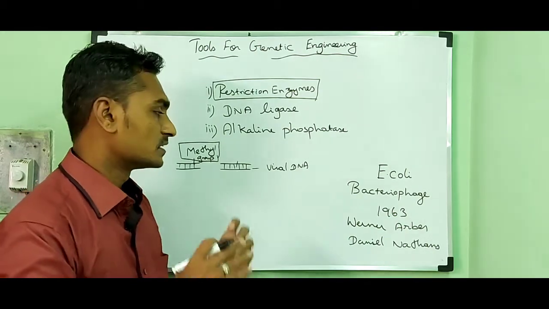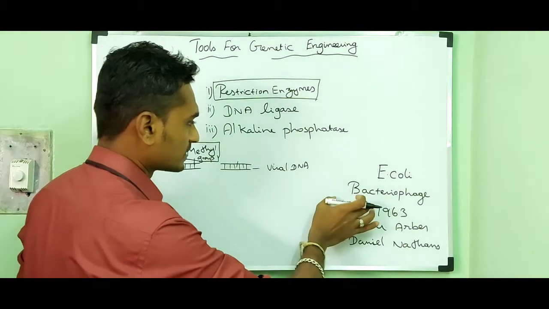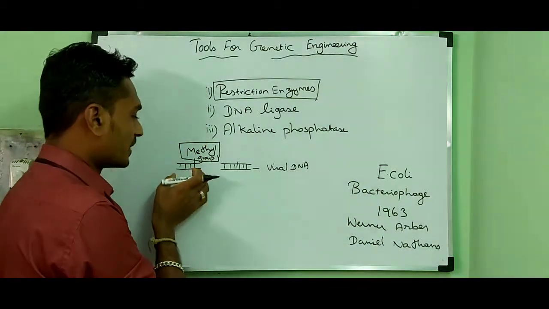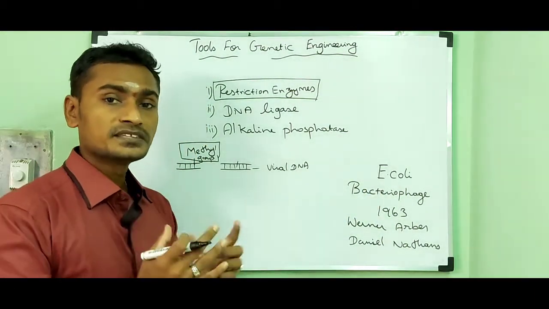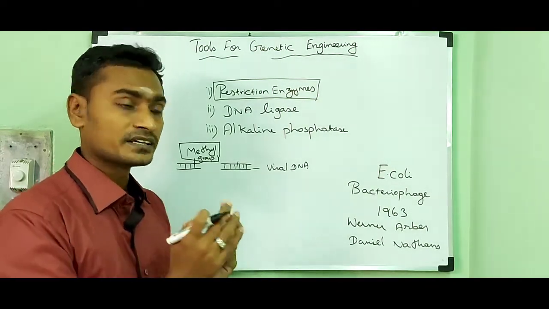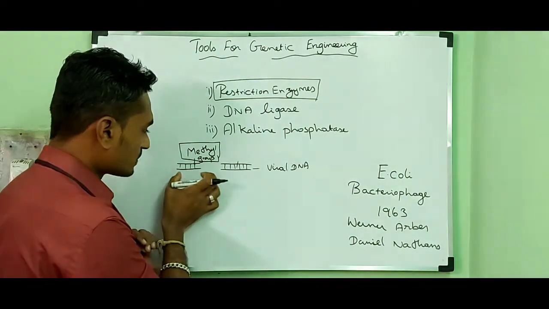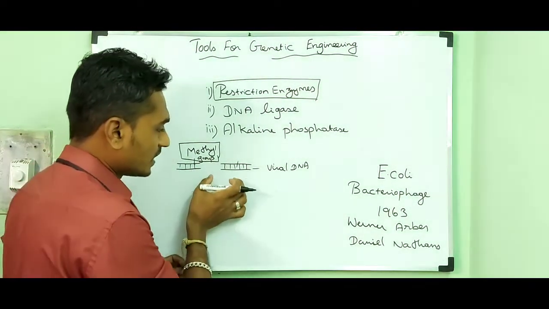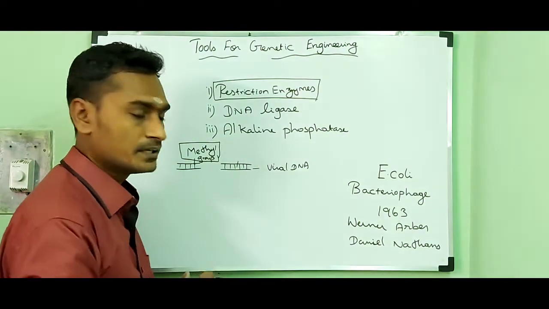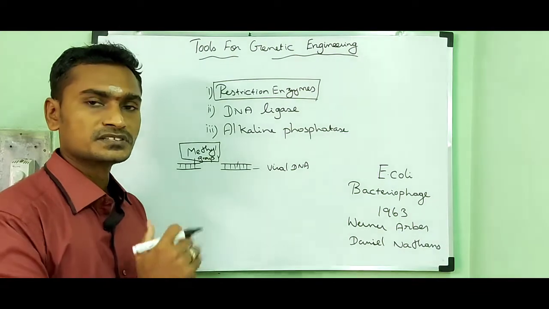This is how the two enzymes restrict the growth of the bacteriophage, affecting only the viral DNA and not splitting the bacterial DNA.